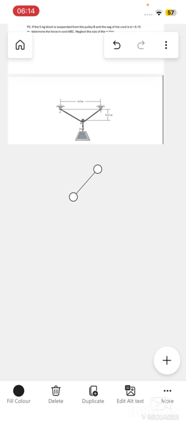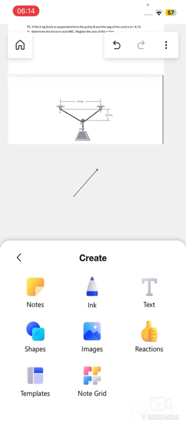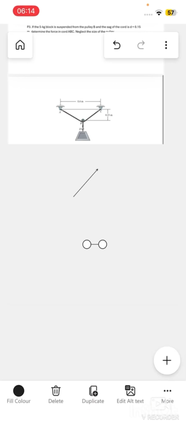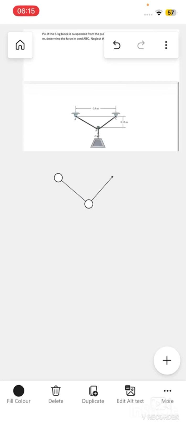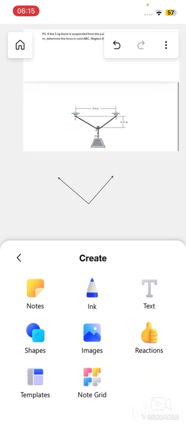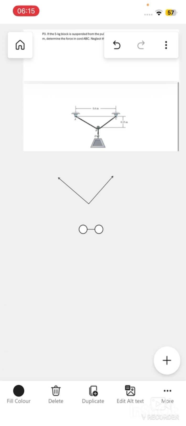Okay, this is the force of BC. This is nice. This is tension force AB. This is tension force BC. Let's go look for another force.